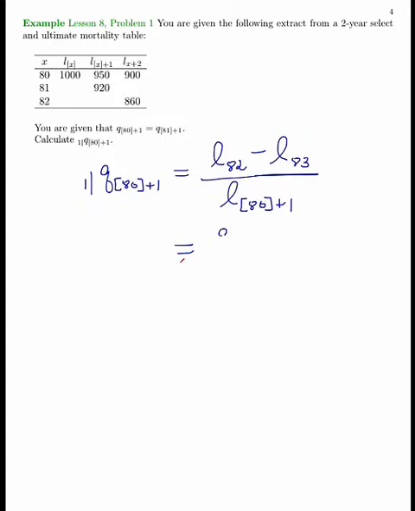And I know L82 is given in the table, that's 900. L83 is not given. L80 plus 1 is given, 950. So the only one that I have to compute is L83.